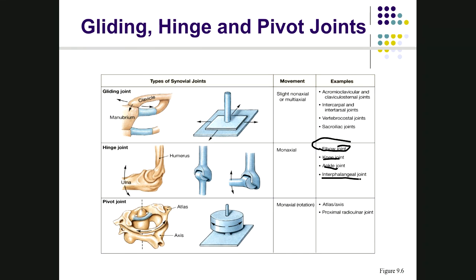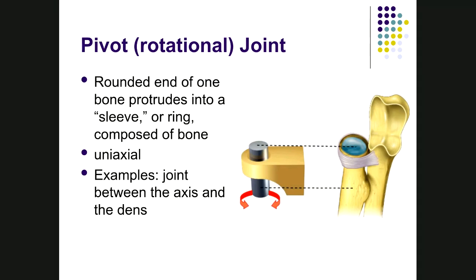Let's look at a pivot joint. A pivot joint is when you have this sort of protrusion of bone, this sort of cone shape inside a sleeve. A cone inside a sleeve. The movements that you get are spinning movements.